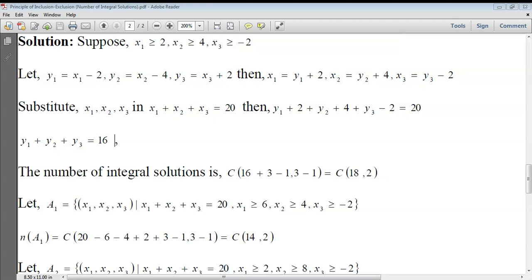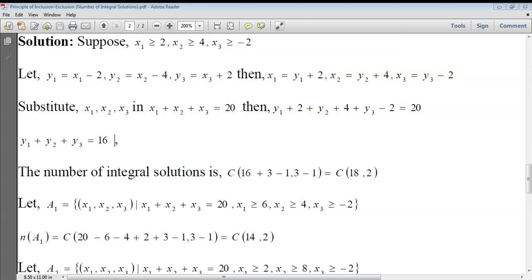So this answer is equal to the number of solutions satisfying the condition x1 at least 2, x2 at least 4, x3 at least -2, minus the number of solutions with the condition x1 at least 5, minus the number of solutions with the condition x2 at least 8, okay, at least 7, and minus the number of solutions with the condition x3 at least 9.